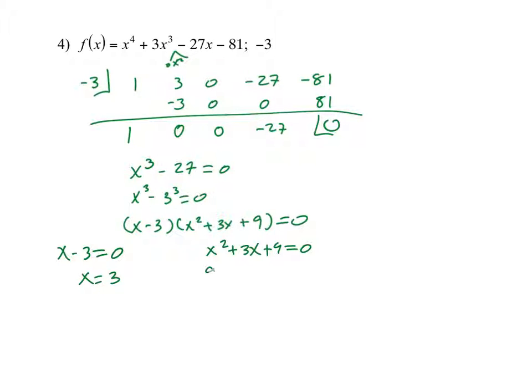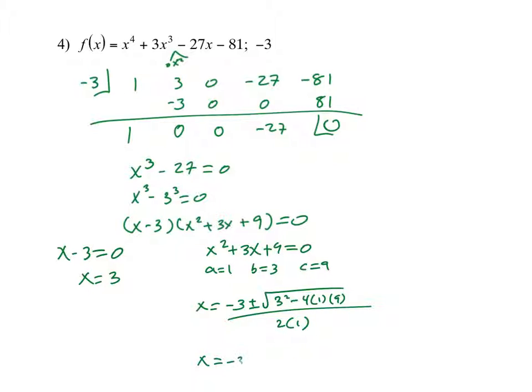Right here again, I need to use my quadratic formula. So a is 1, b is 3, and c is 9. So x equals the opposite of b plus or minus the square root of b squared minus 4 times a times c, divided by 2 times a.